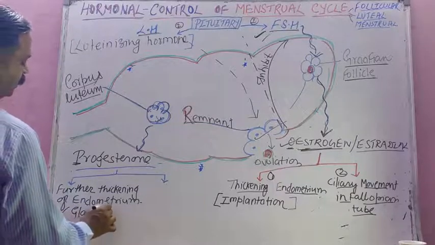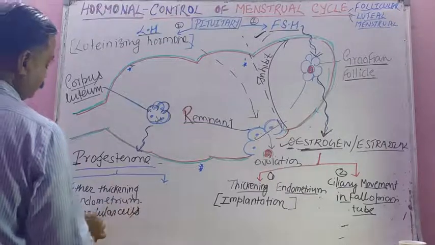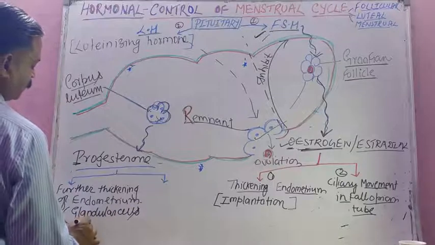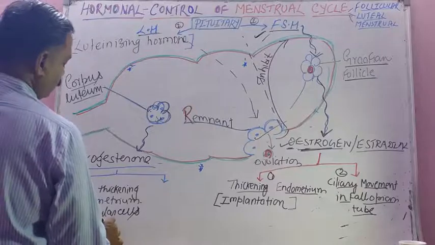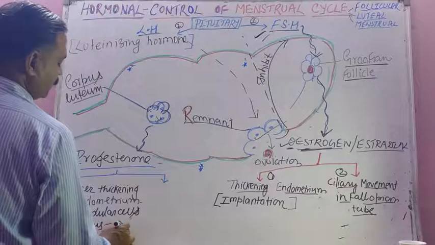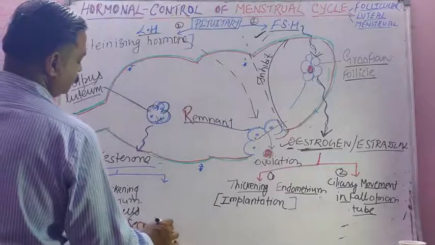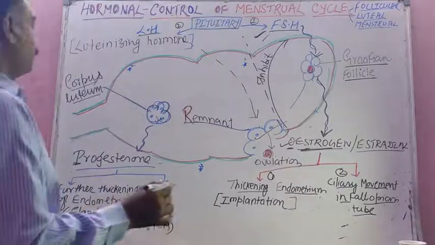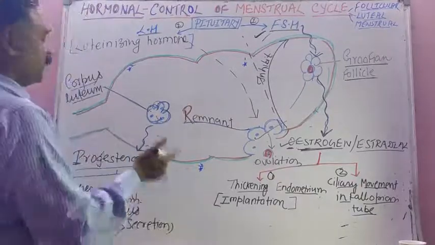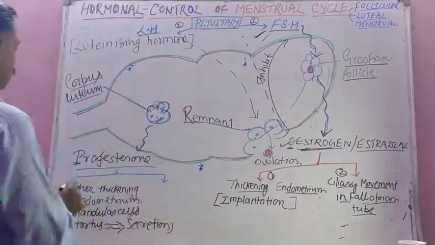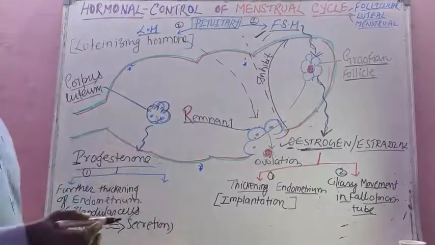Glandular cells in the endometrium become tortuous. Tortuous means what, students? Tight, because they are filled with secretion, isn't it? And this secretion is the nutritive fluid that nourishes the developing embryo. So progesterone's first function is further thickening of the endometrium.